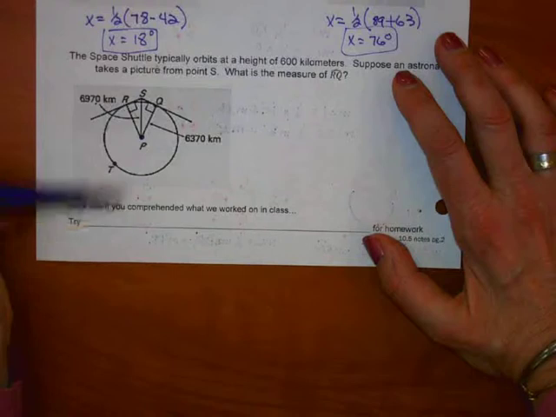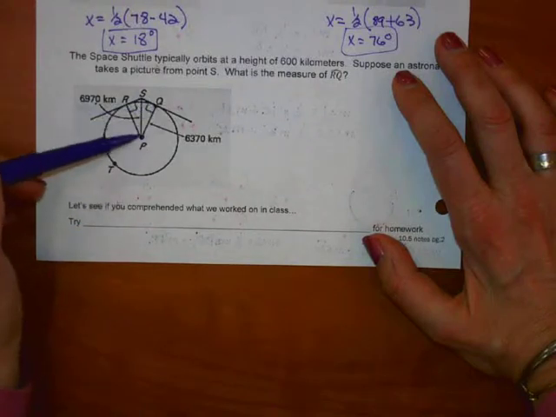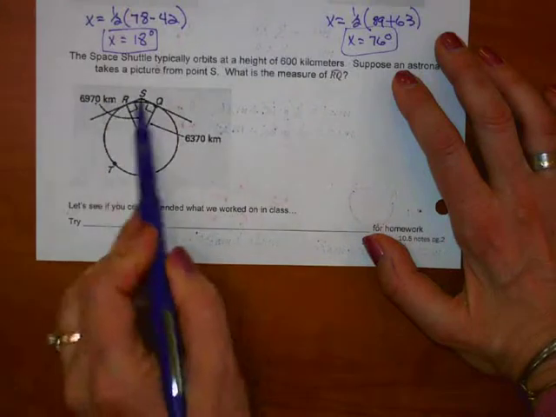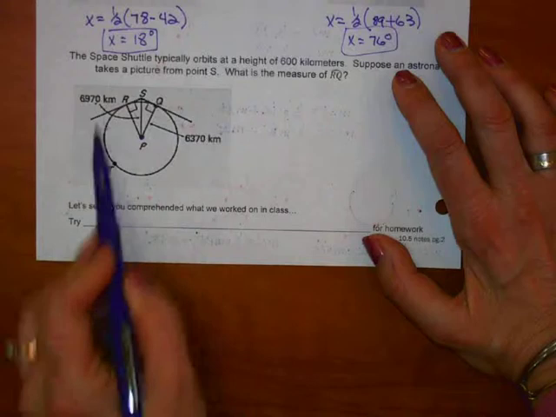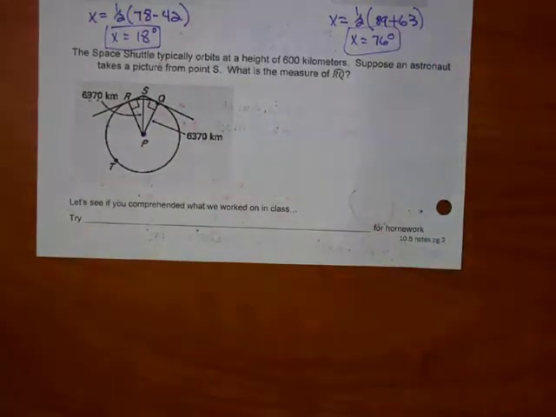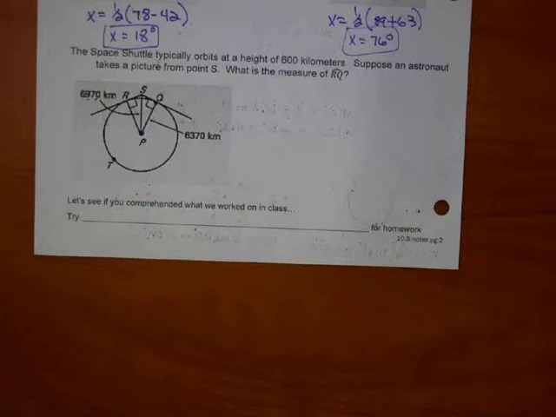From here to the surface of the Earth is 6,370, but from the center to the space shuttle, going around the Earth like this, is 6,970 because they added 600 to it. So they've already used the 600. They've added it in here. Okay? So that's one thing we can see.